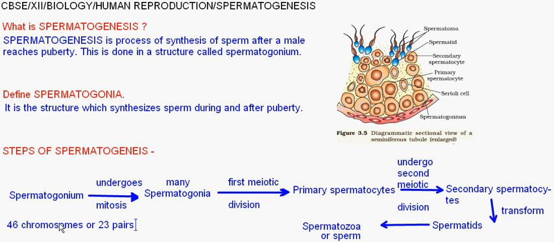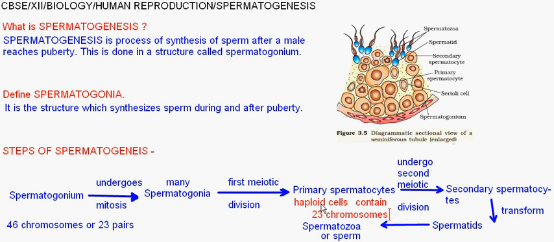So these are haploid cells, and they contain only 23 chromosomes, not 23 pairs. So when from primary spermatocytes, secondary spermatocytes are synthesized due to second meiotic division, they also contain 23 chromosomes. These are transformed to spermatids.